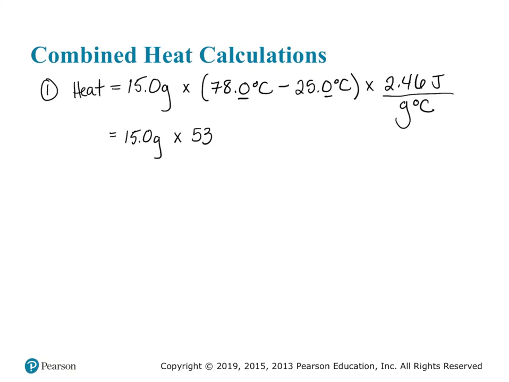So we want to take into account the last place value, or the last decimal point there. So remember, with addition and subtraction, we can't be more accurate than our least accurate measurement. So whichever number has the smallest place value at the end, that decides our final answer. So we'll write 53.0.